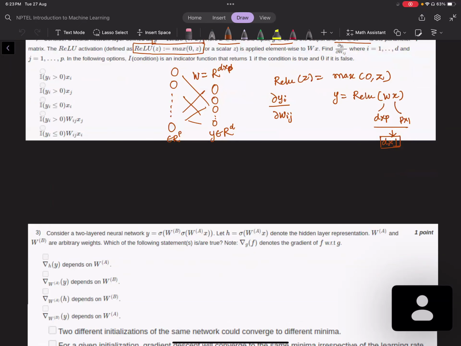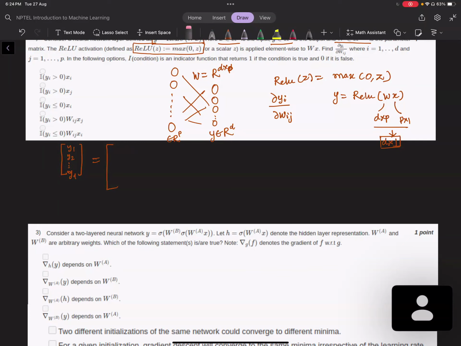If you write y, it can be written as y1, y2 up to yd. It is an element-wise operation.